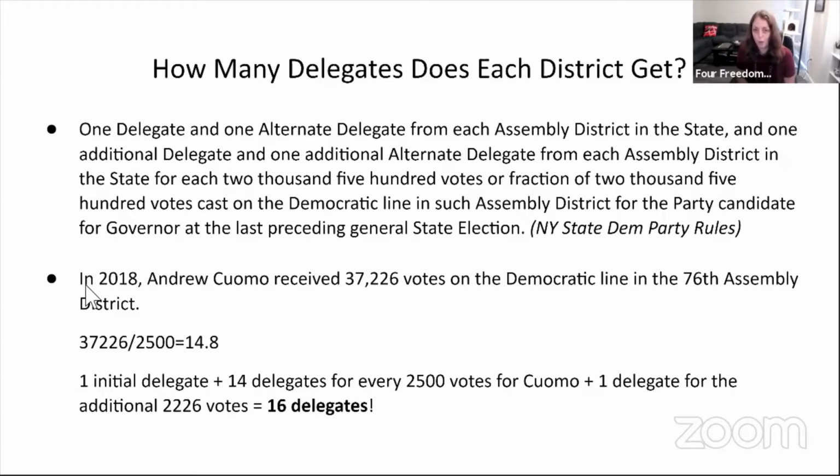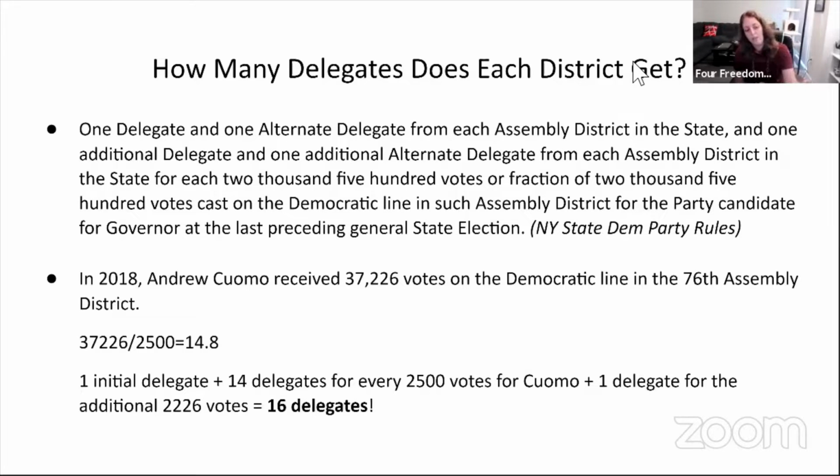But to explain it, as you can see here, in 2018, which was the last time we had a gubernatorial election, Andrew Cuomo received 37,226 votes on the Democratic line in the 76th Assembly District. So what does that mean? Well, as the state party rules say, we get 1 delegate automatically. It's like filling out your name on the SATs, you get automatic points. But then you look at how many votes the governor got.